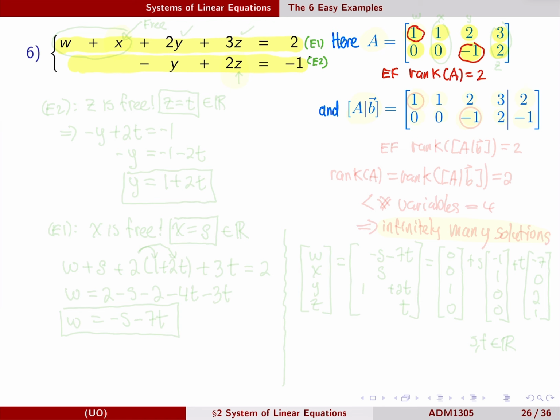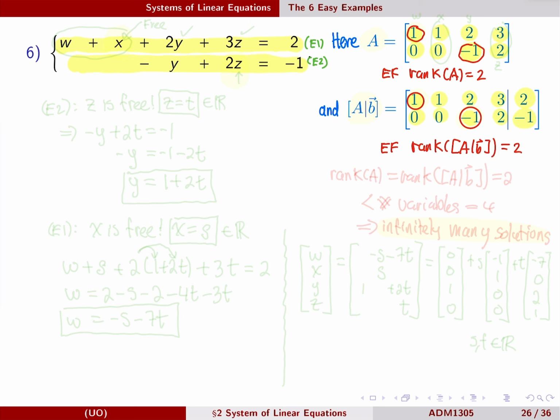And meanwhile, for the augmented matrix, so same A at the beginning, just one extra column for the constant terms. So 2 for the first equation and minus 1. Again, for that matrix, if you circle the leading terms, you can see that this matrix is also in echelon form, and the rank of that matrix is also, if you count the pivots, equal to 2.